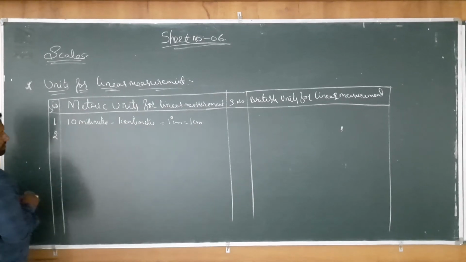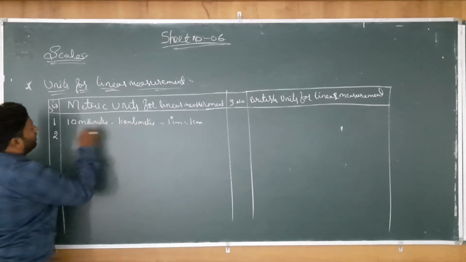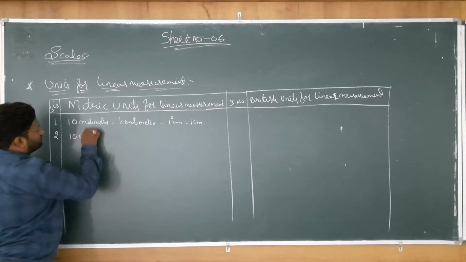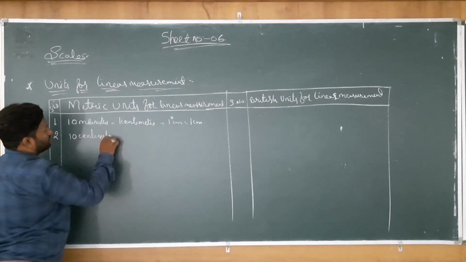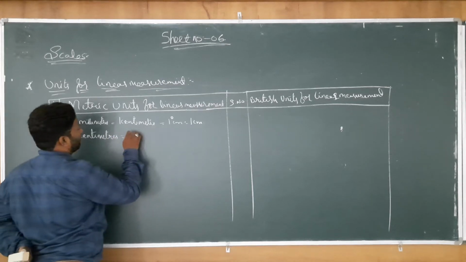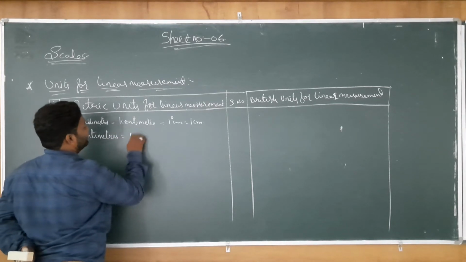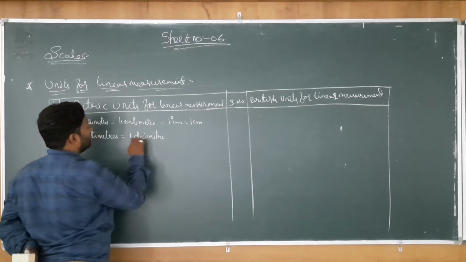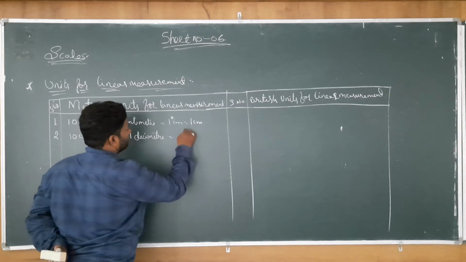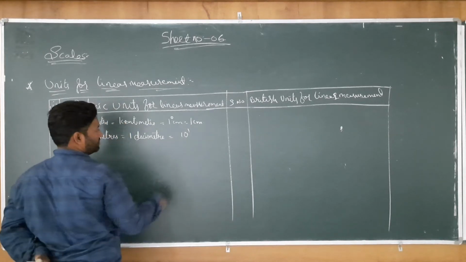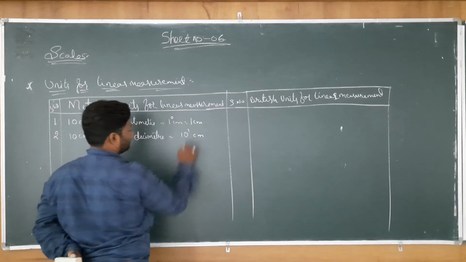Now, the second one: 10 centimeters is equal to 1 decimeter. 1 decimeter is nothing but 10 to the power of 1 centimeter.